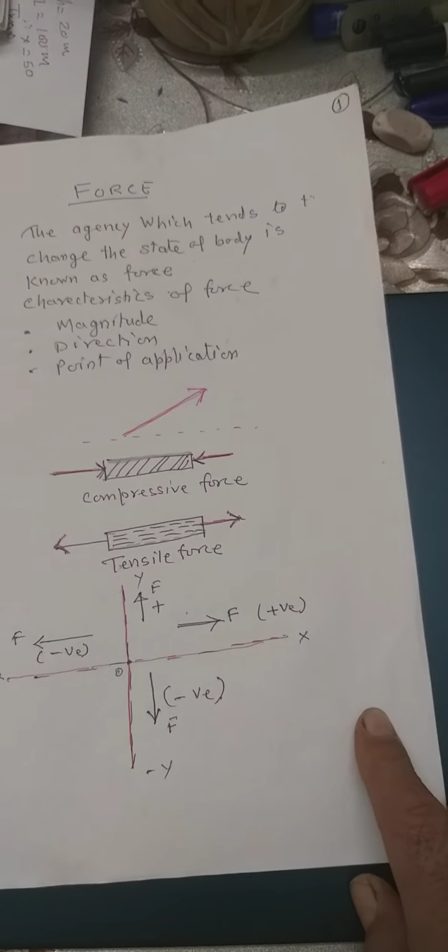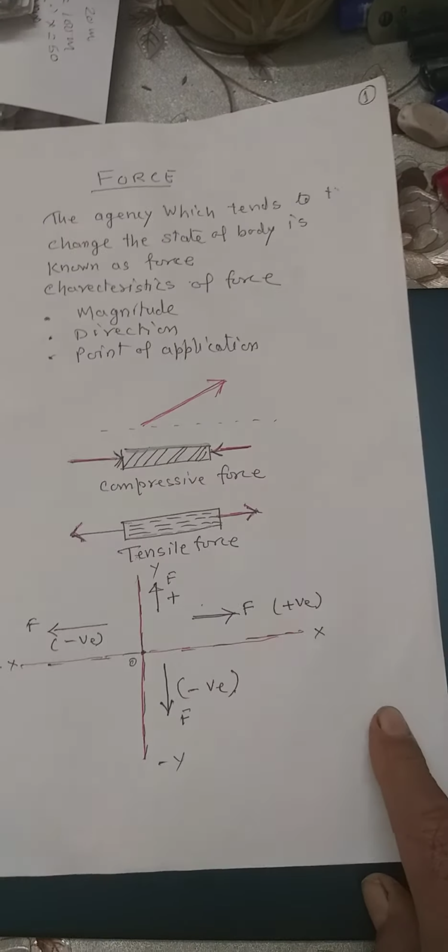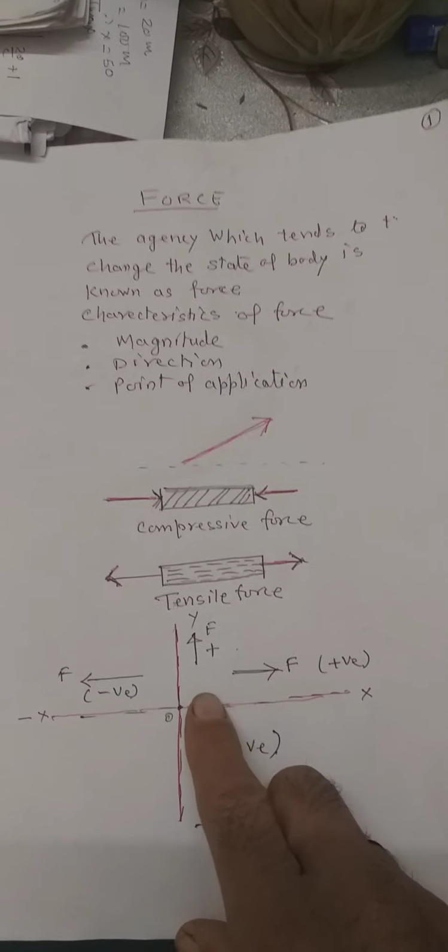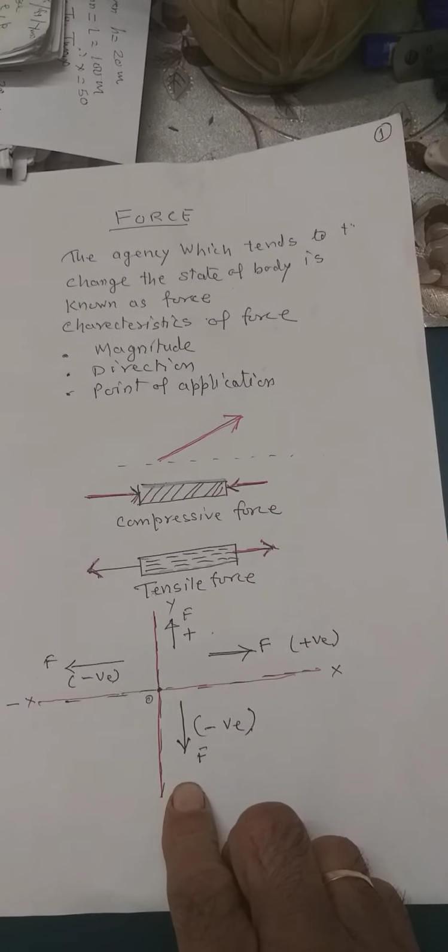When we talk of the force, force is defined by another parameter about its nature, means whether it is positive or negative. Just see this coordinate geometry. Here this is origin, this is positive x, this is negative x, this is positive y, this is negative y. The forces acting in the direction toward the positive side of the x are denoted as positive.